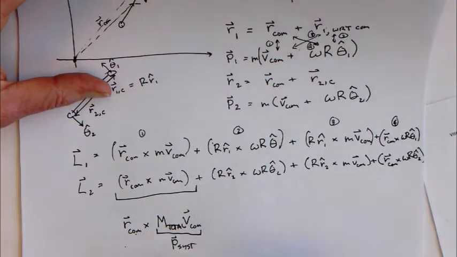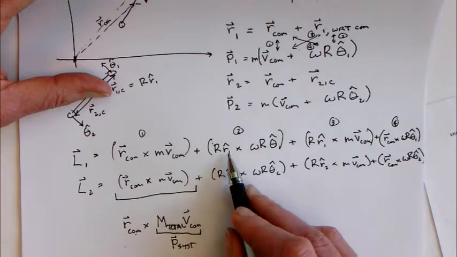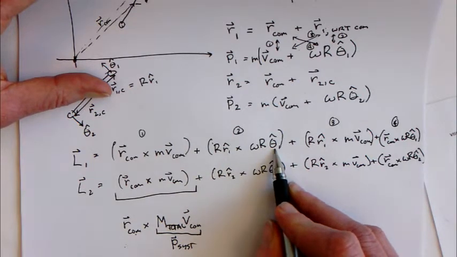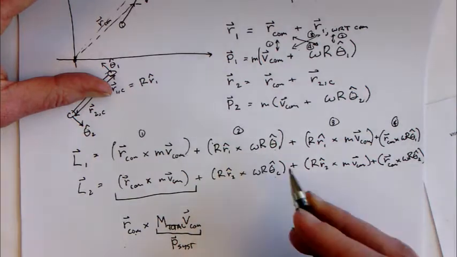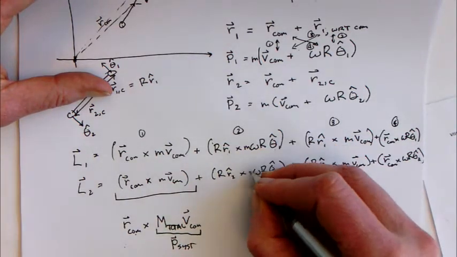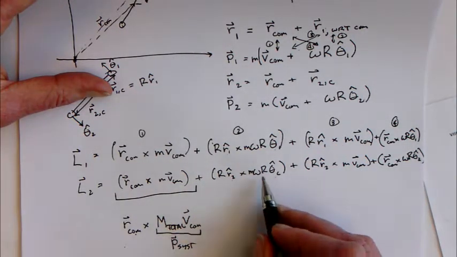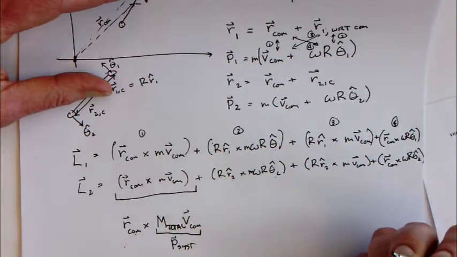Okay? The second term, if I look at it, should look pretty familiar from that derivation of moment of inertia, right? I've got r1 hat cross theta 1 hat, which is k hat, r2 hat cross theta 2 hat, which is k hat. I've lost an m here, sorry. So this is m times r squared times omega, right, in the k hat direction.